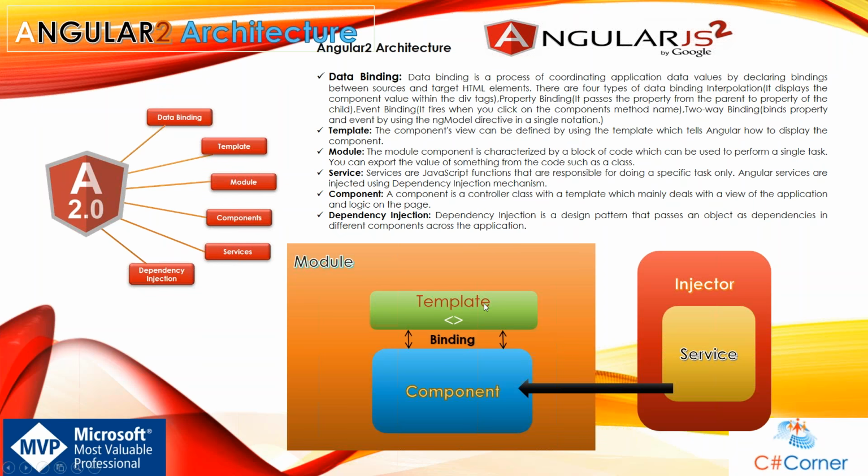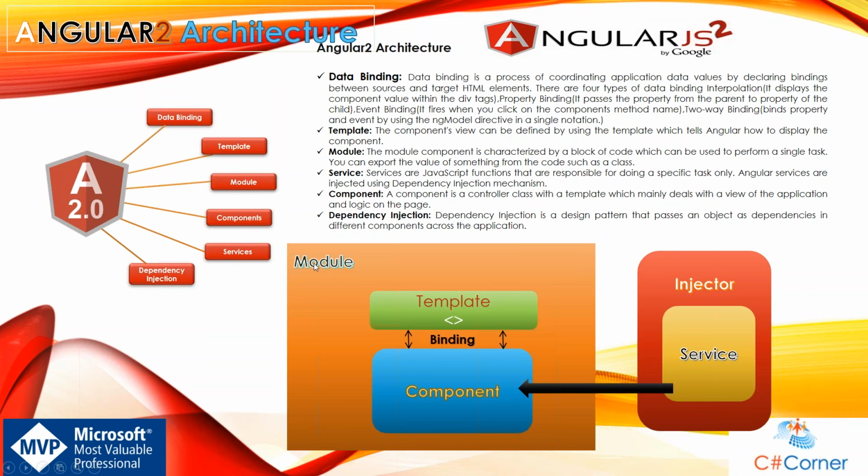The template is our actual HTML part to display the data, and in the component we have a class in which we create all our business functions. We also use HTTP services to get the data from our web API, and the result is bound to our template using data binding.